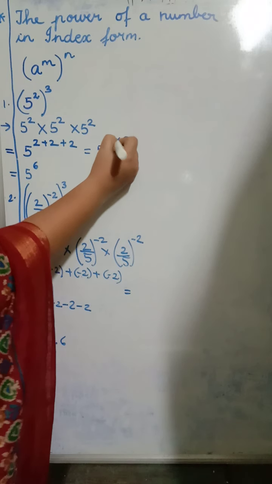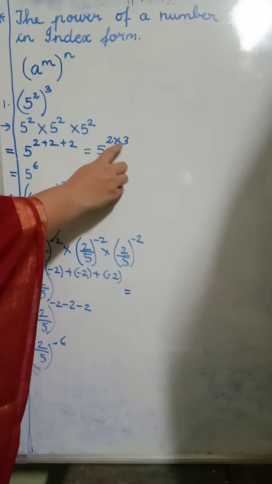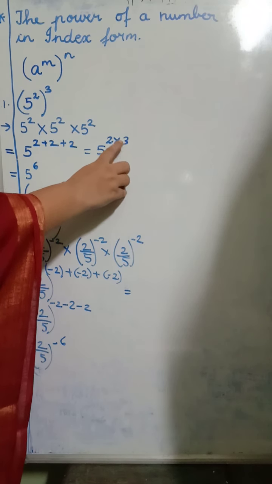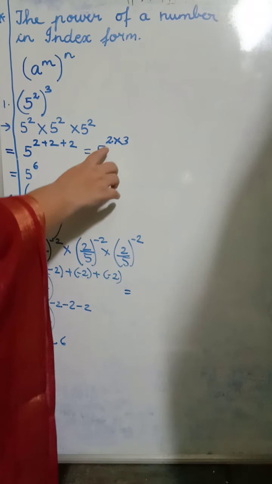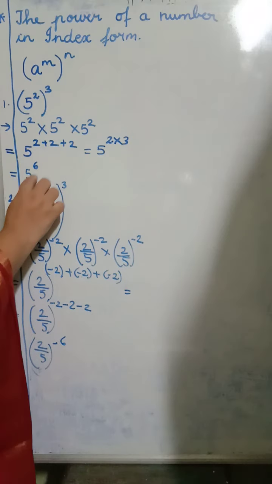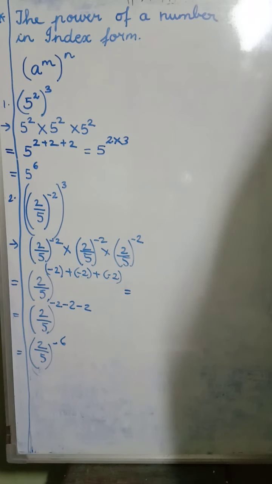So can we write this in this form? 5 raised to 2, this 2 is coming 3 times, or this particular index form is coming 3 times. So if we write in this form, are we getting the same answer? 2 into 3 is 6. So we are getting the same answer.